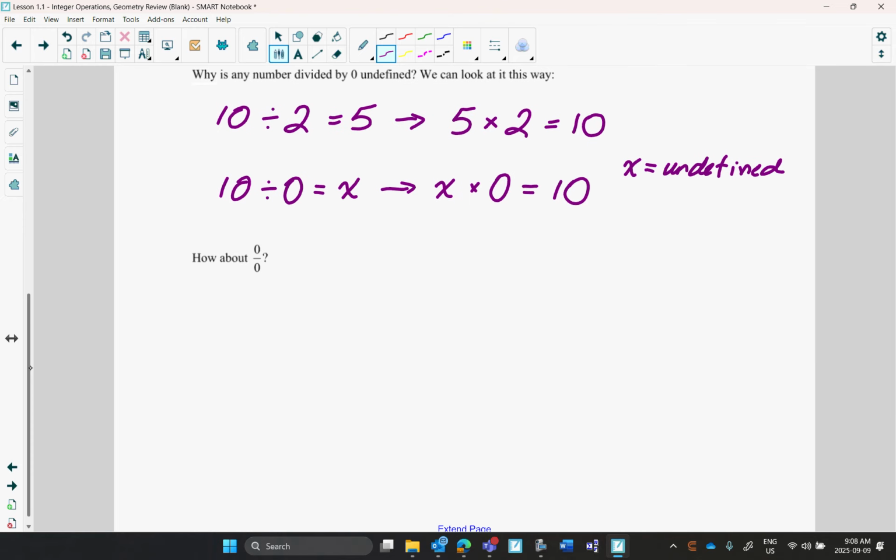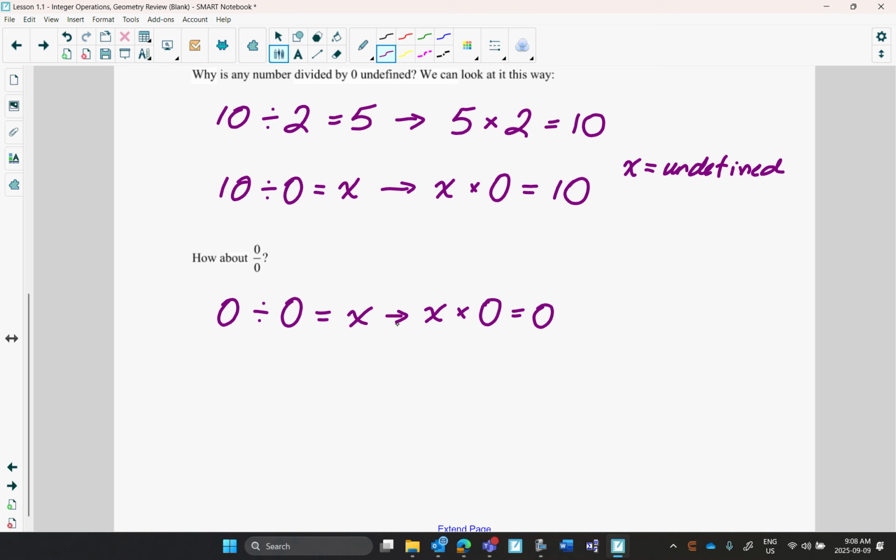Let's do this again. 0 divides 0. I don't know what the answer is. I'm trying to find it, so I'm going to call it X. That means working backwards: X times 0 must equal 0. That's working backwards from division. You can always change a division statement into a multiplication.